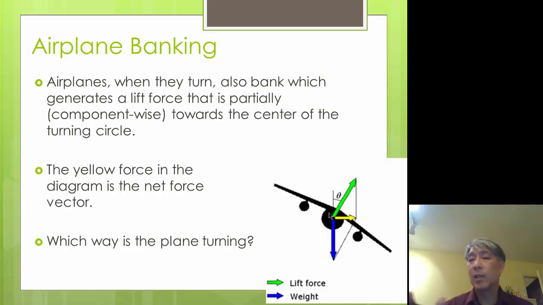So in this case, the yellow force in the picture is the net force. That's the centripetal force. So planes are easily turned by simply tilting their wings, and that forces them to turn one way or another.